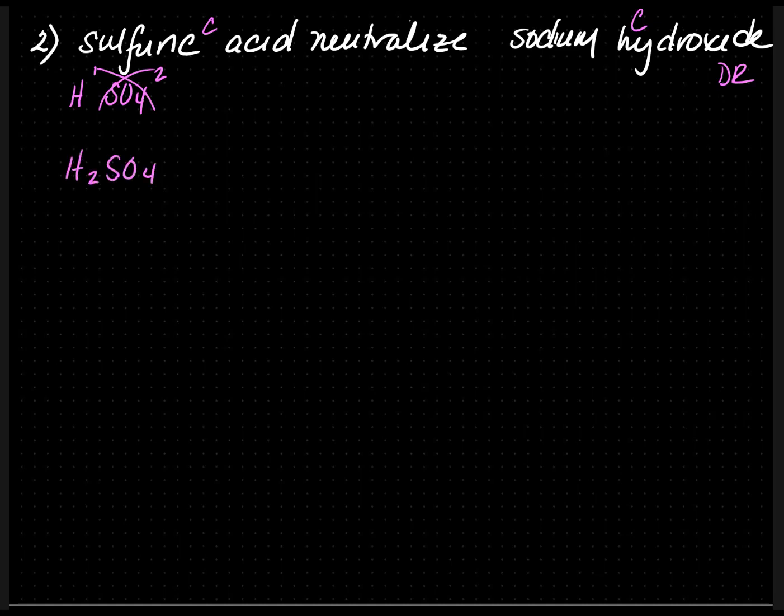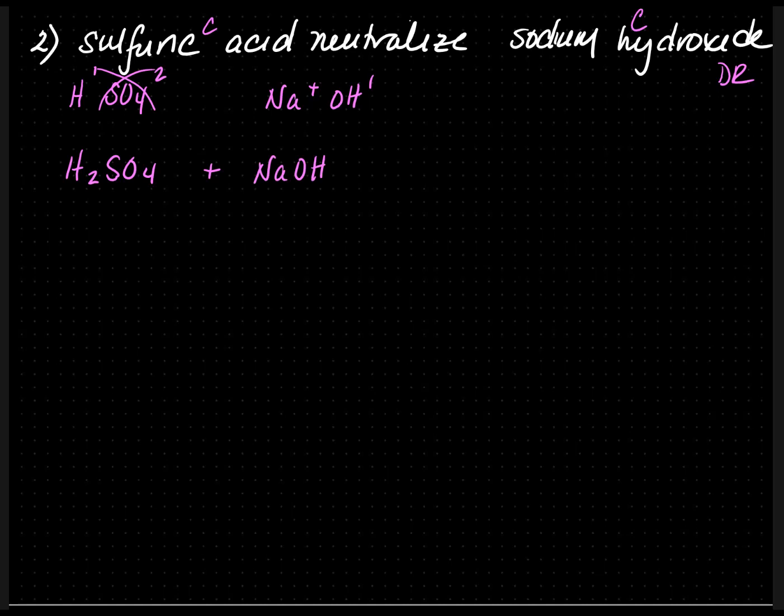It is neutralized by sodium hydroxide. Sodium is a metal, so this is an ionic compound, so we need to find the charge, Na plus, OH minus, so cannot be reduced, so it's NaOH.